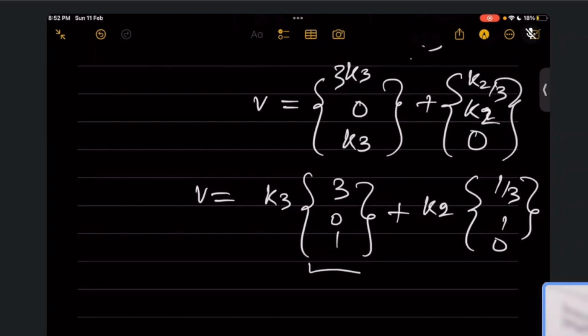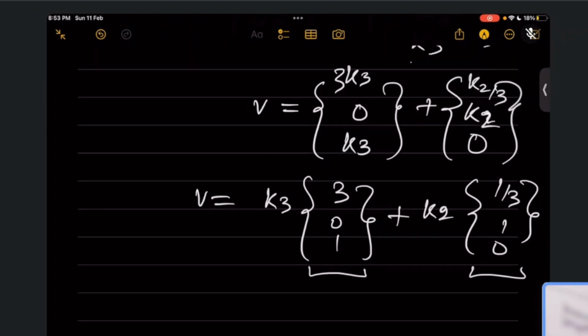So these are the two distinct eigenvectors we are getting here. Understood? Now you can put the values of k2 and k3 according to whatever you like. After that, you have to find the P matrix. Now here we know that there are three distinct eigenvectors we are getting.